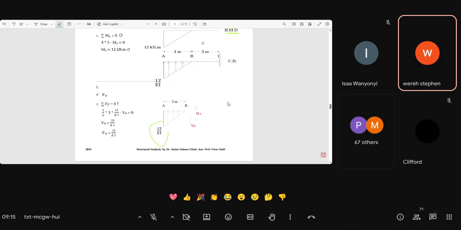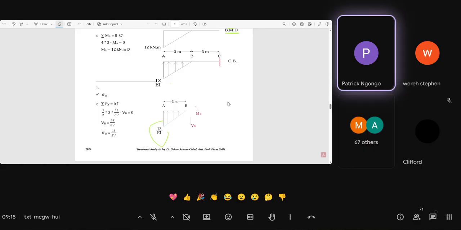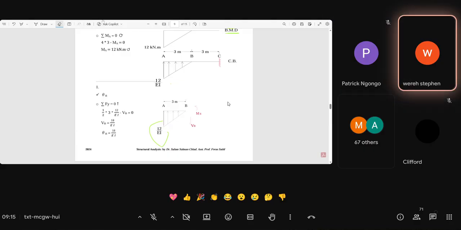So we are still going to have another online class on the double integration. Then when we meet, I'll do an example on conjugate and one example on double integration.